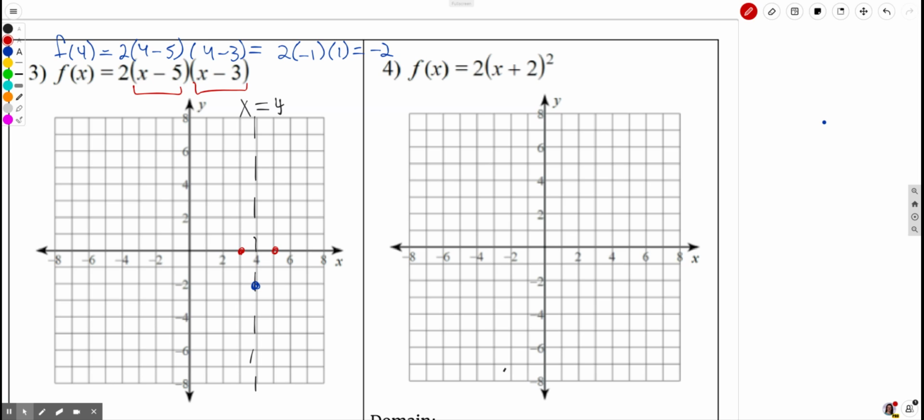All right, I also am interested in one more point. I'm going to be interested in x equals 2, because that's sort of the next x value as we move out away from the vertex. So I'm going to find f of 2. Again, everywhere where we used to have an x, we're going to substitute in a 2.